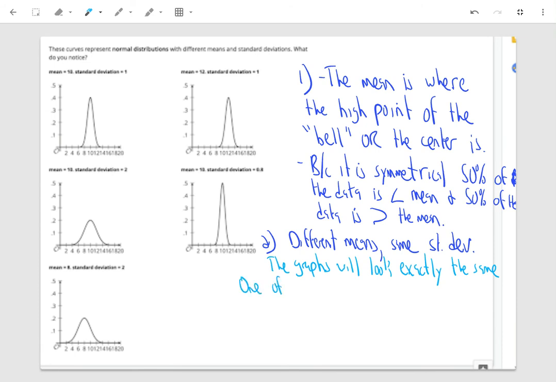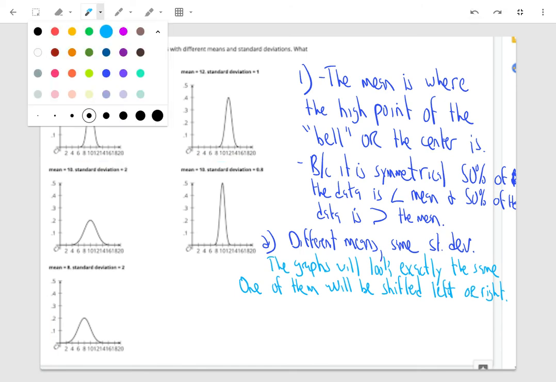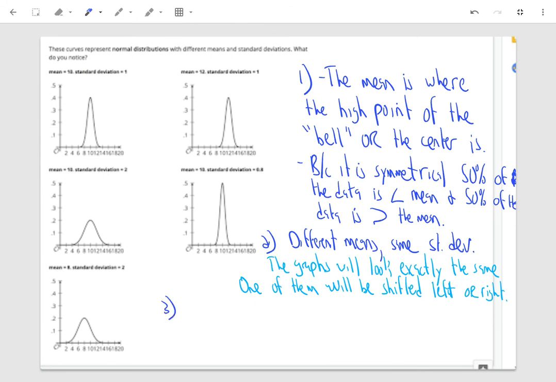Okay, one of them will be shifted left or right. Okay, so whether it was these two or these two, both pairs looked exactly the same. One was just shifted left or right of the other. Okay, so that is number 2. That is the second thing I want to look at.